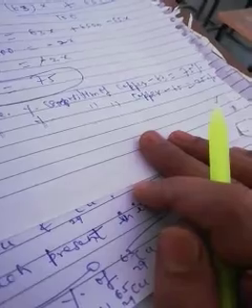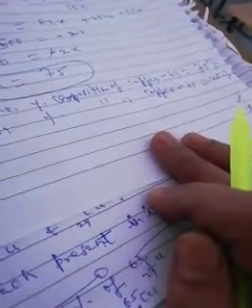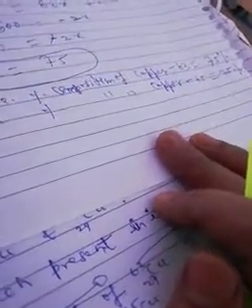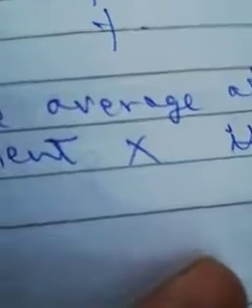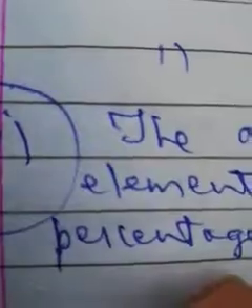The average atomic mass of a sample of element X is 16.2 U. What are the percentages of isotopes X16 and X18 in the sample?